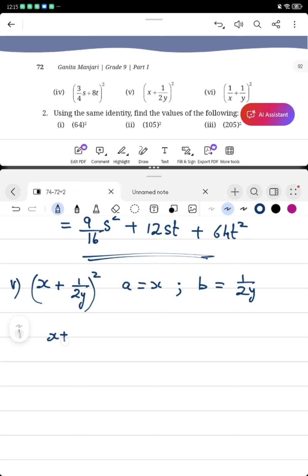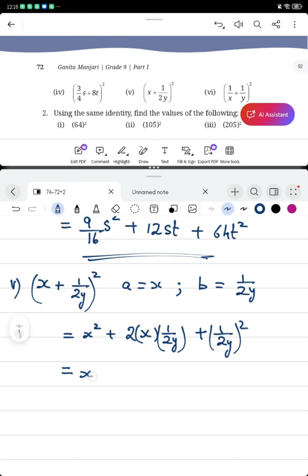Let us write it straight away. I'm just going to put this as a square. A square is x square plus 2ab, 2 into a into b. This is our 2ab plus b square. B square is 1 by 2y whole square.